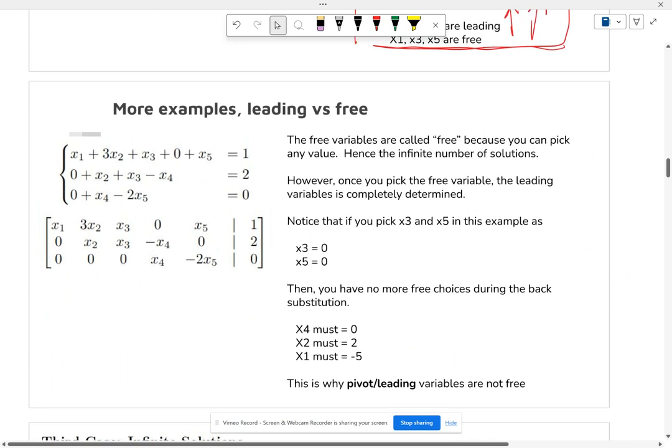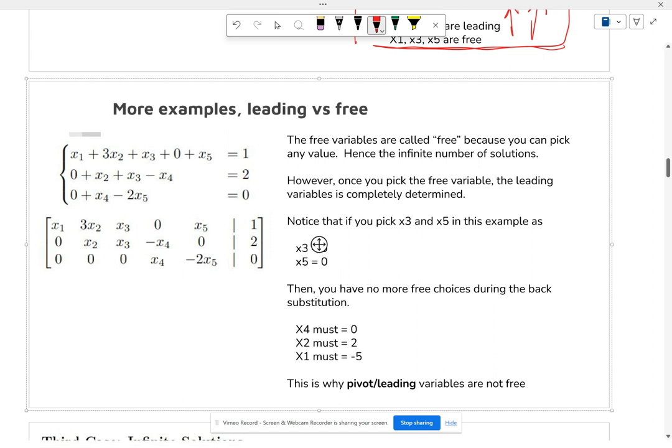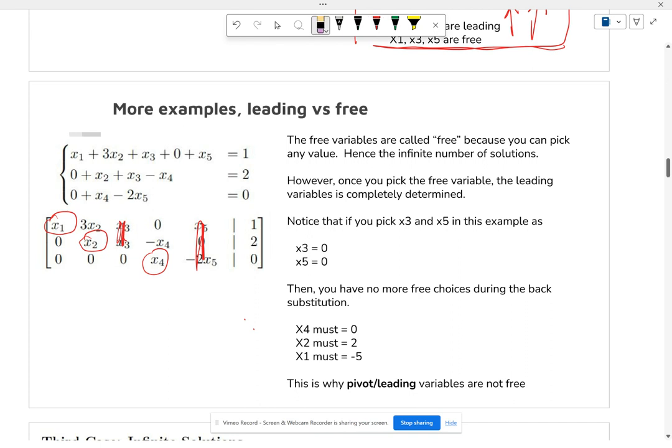So, more examples, leading versus free. Over here, notice that we have the leading variables x1, x2, x4. And these are the free variables, x3 and x5. Remember, x3 and x5 are the free variables.